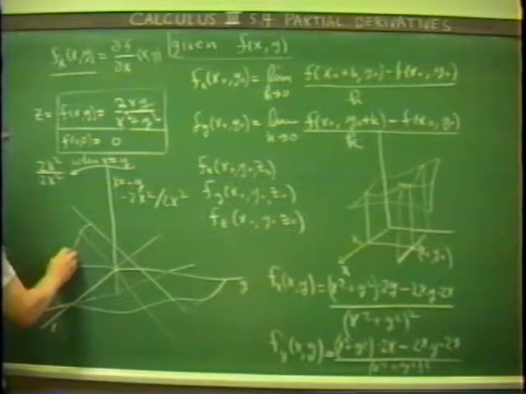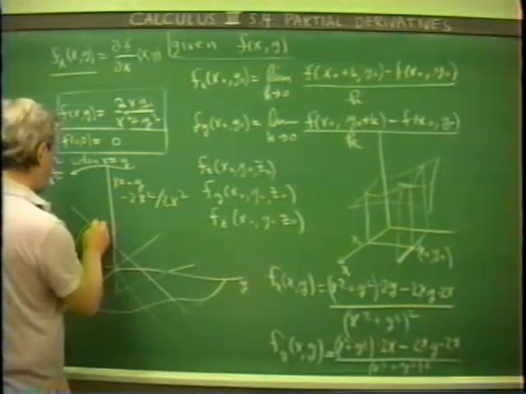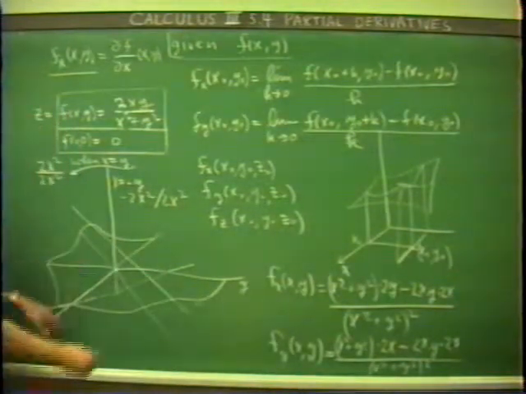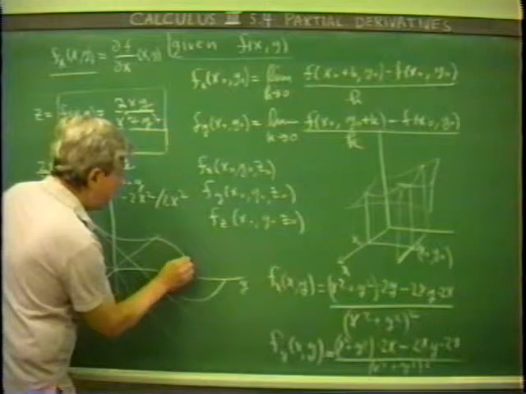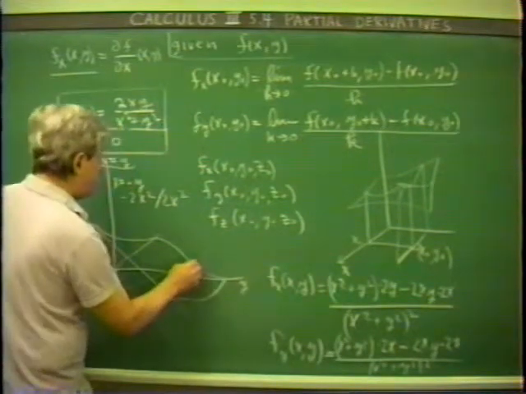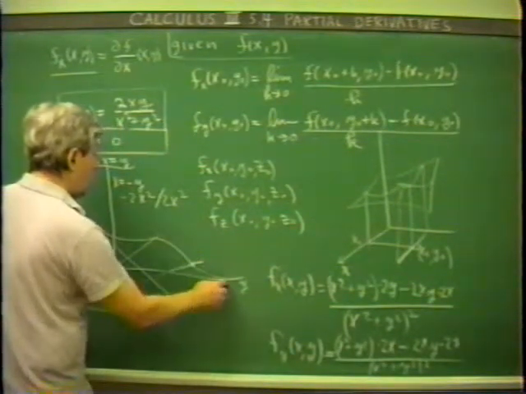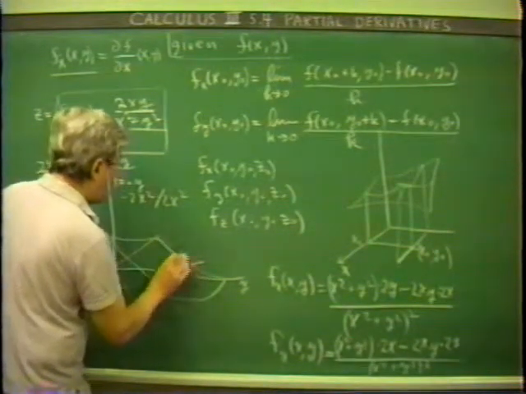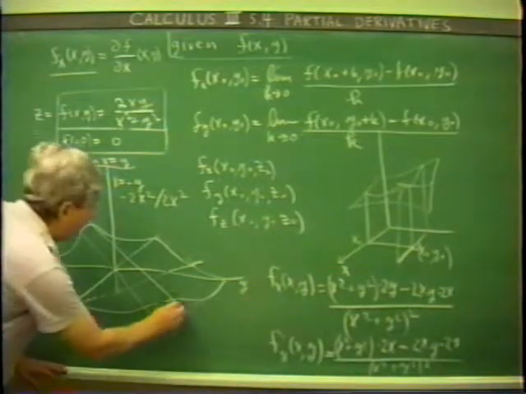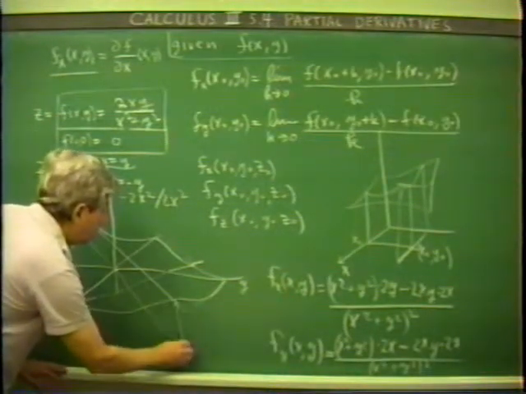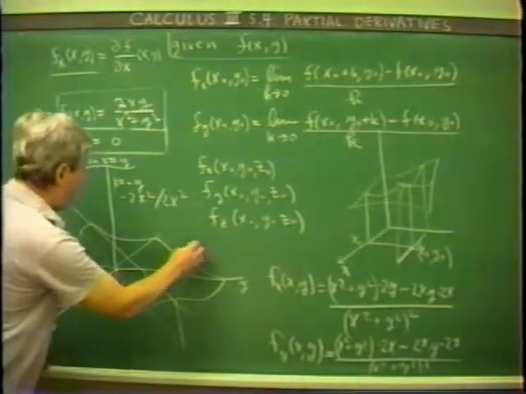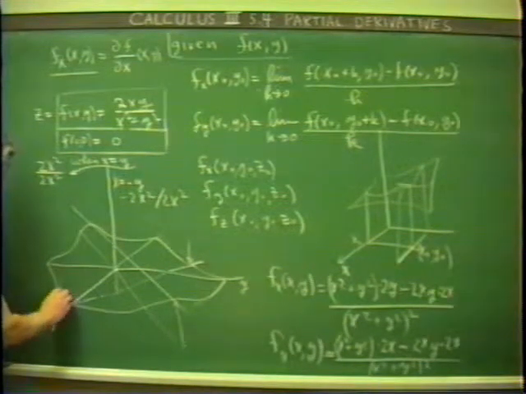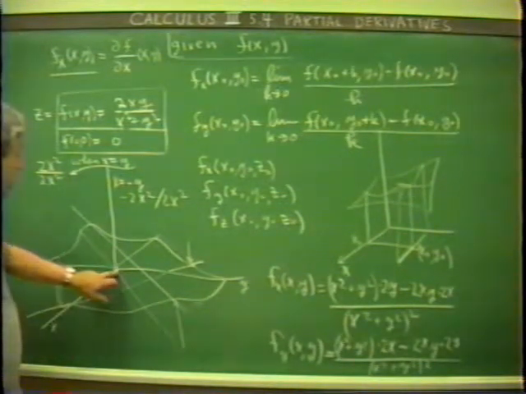Continuing this around, it's plus 1 over here, and then it goes down to 0 here. It continues and goes down to minus 1 here, and back up to 0. Sort of looks like a stingray. It's 1 unit high here, and low by a unit in these two quadrants.